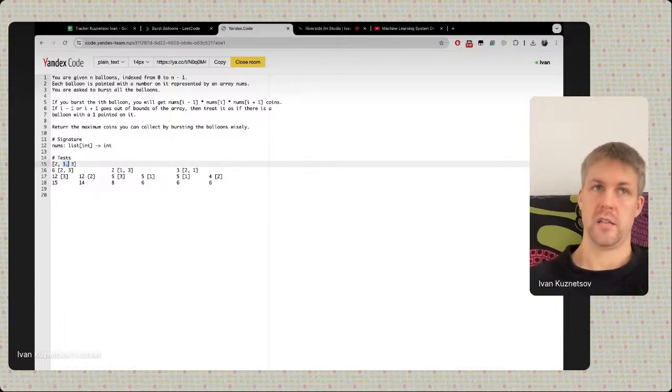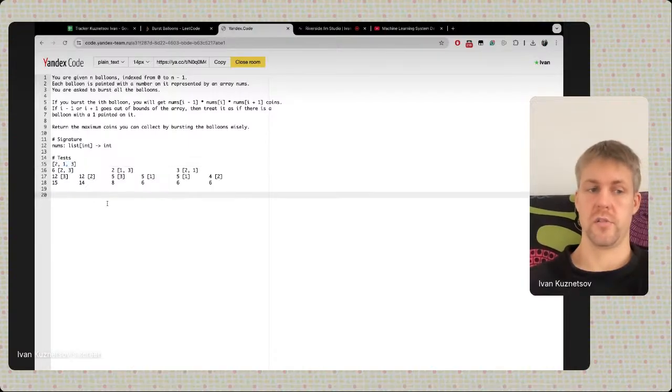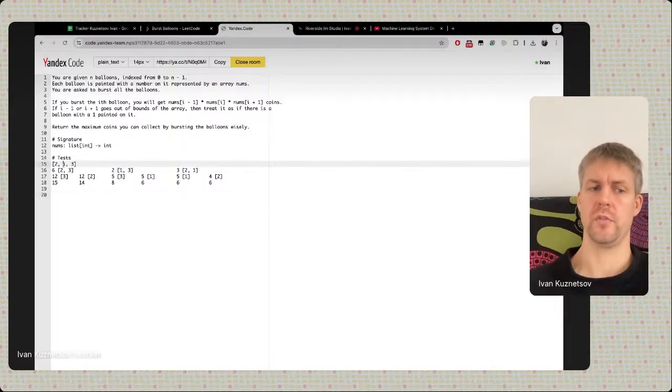Okay, we might be able to choose the smallest available number and burst it, but it feels like this is not the correct answer. This is just intuition right now. I don't know if that's correct or not. But I also cannot prove that you should only be bursting the smaller number first.